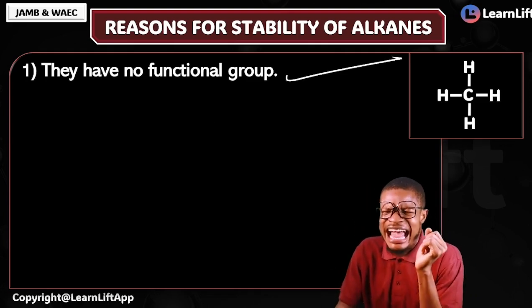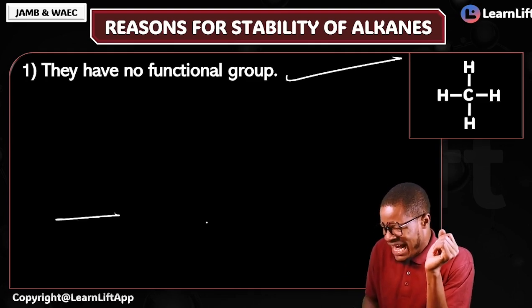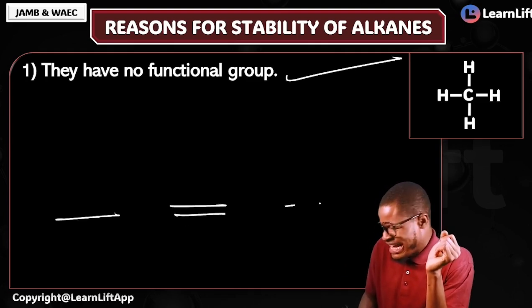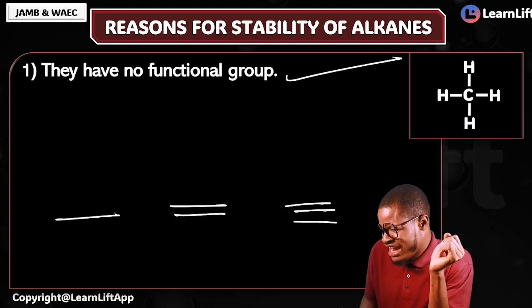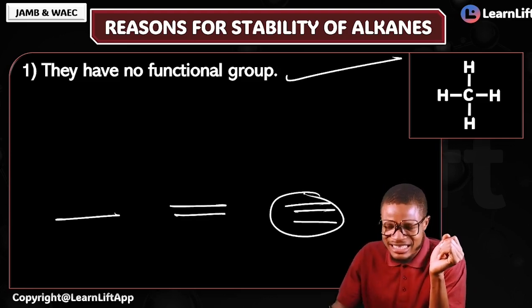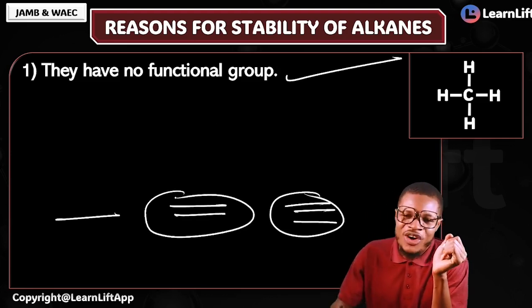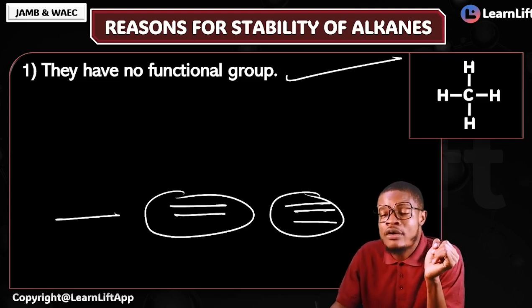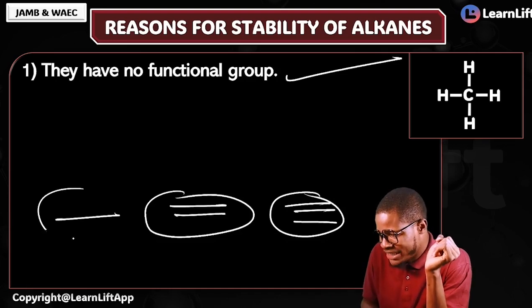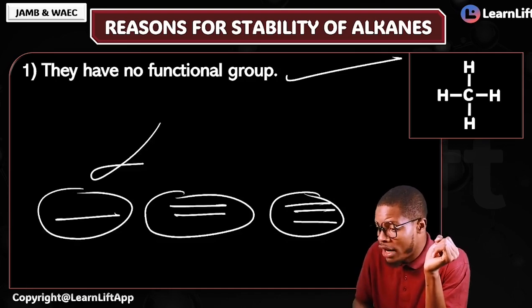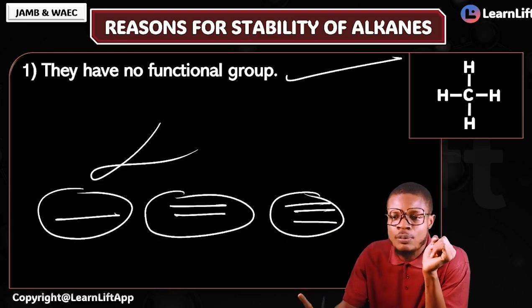Somebody will now say, sir, why? Alkanes have single bond. Alkenes have double bond. Alkynes have triple bond. The triple bond in alkynes is their functional group. Correct. The double bond in your alkenes is their functional group. Correct. The single bond in alkanes is their functional group? Wrong. Alkanes have no functional group.